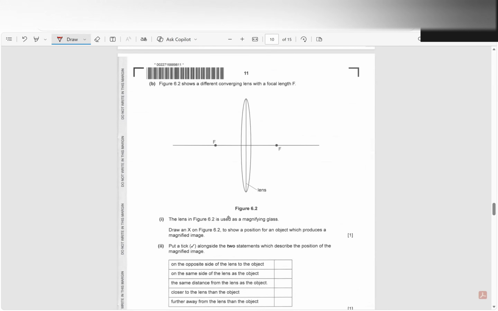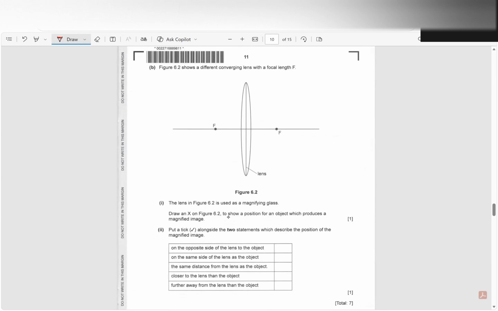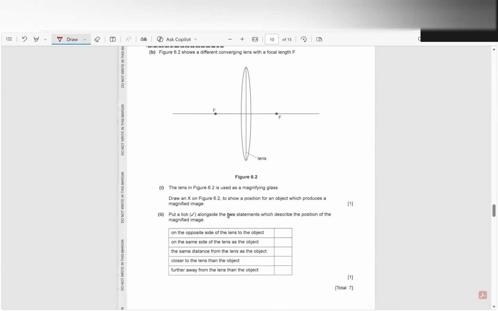Part B says, figure 6.2 shows a different converging lens with a focal length f. Fair enough. We can see here and here the focal length f already marked. It says the lens in figure 6.2 is used as a magnifying glass.